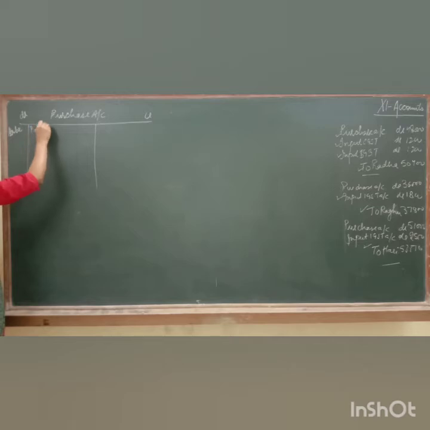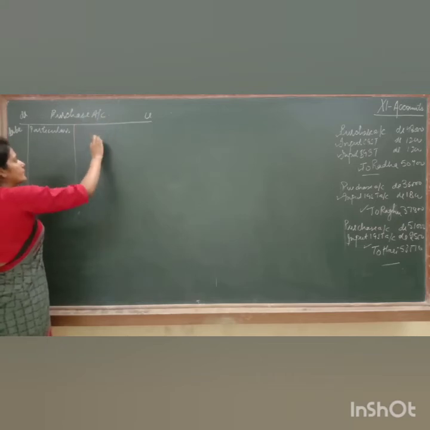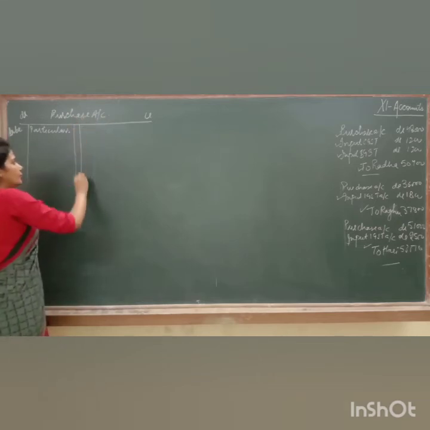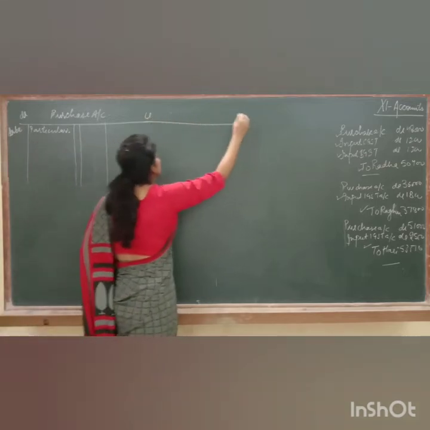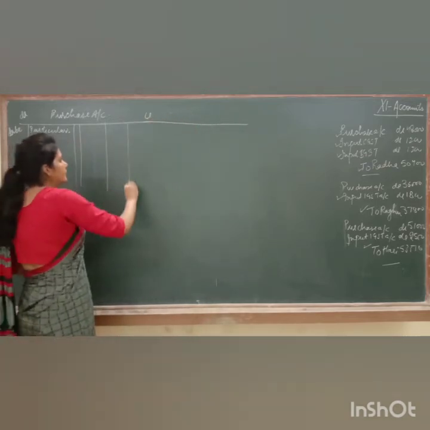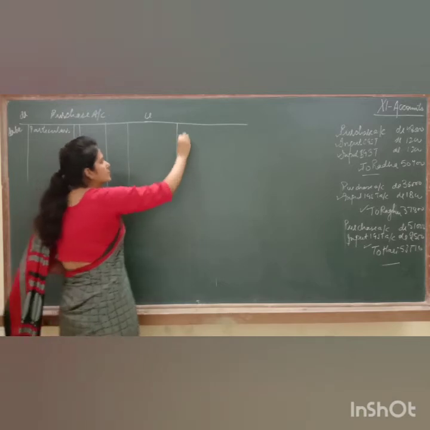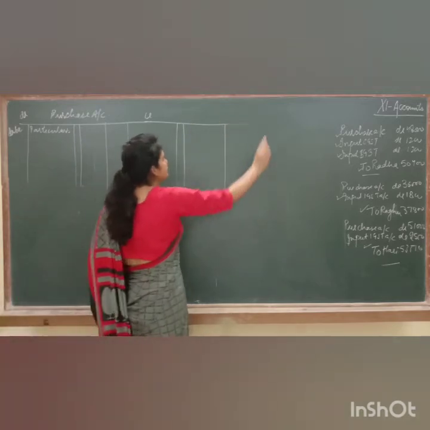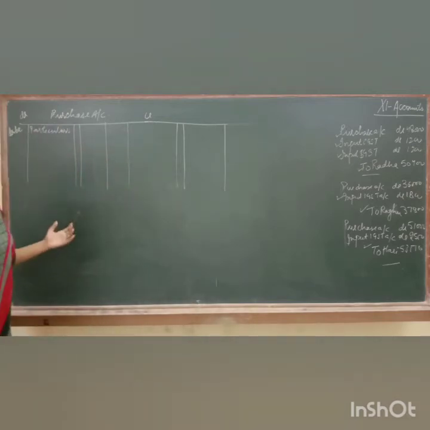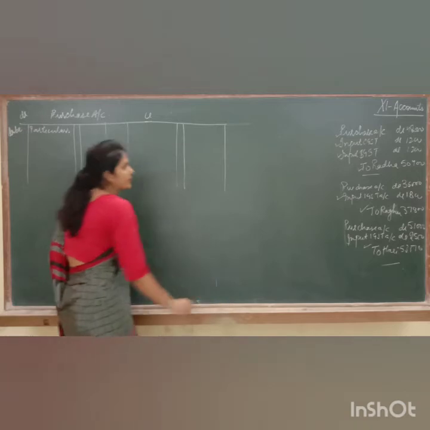Then we write here particulars, then amount, journal folio, amount. Then again date, particulars, journal folio, amount. This is the format that you know very well. So now let's see how to prepare it.